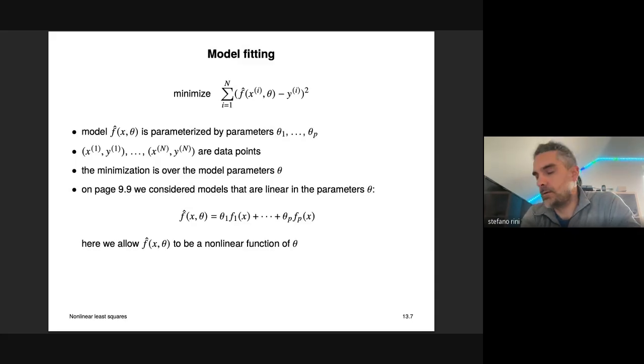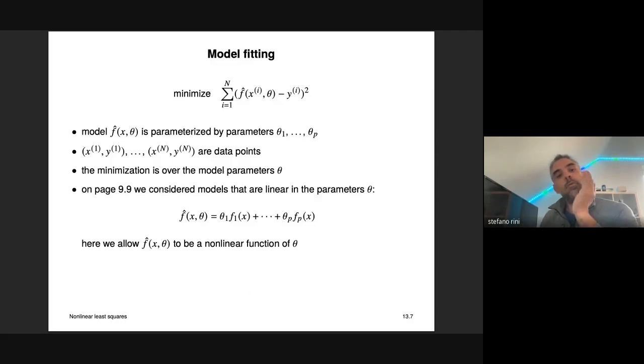So this is what we call model fitting. It is the case in which we have a certain set of measurements xi, and we have a world model which is theta, and we want to minimize the L2 squared loss. Let's say that f hat x of theta is a parameterized relationship between the input and the output, where the parameters are the vector theta, and we have p of them.